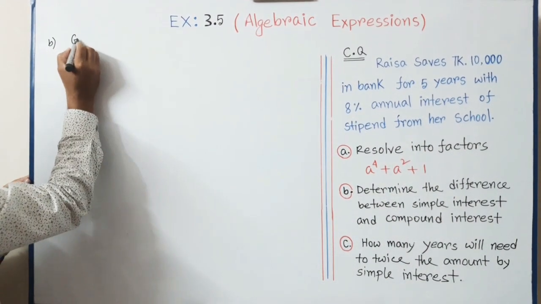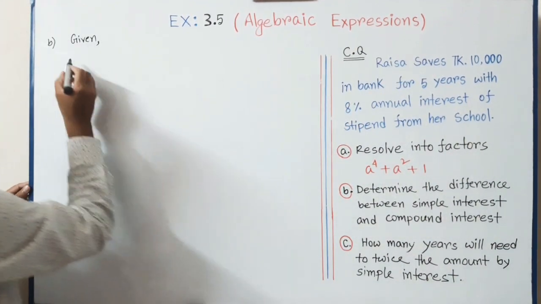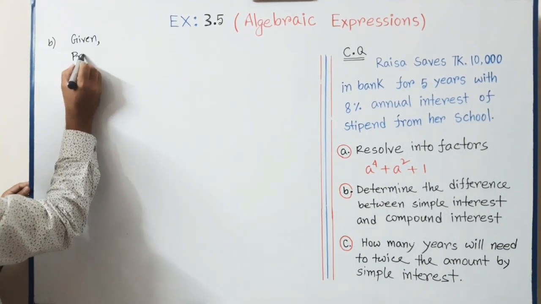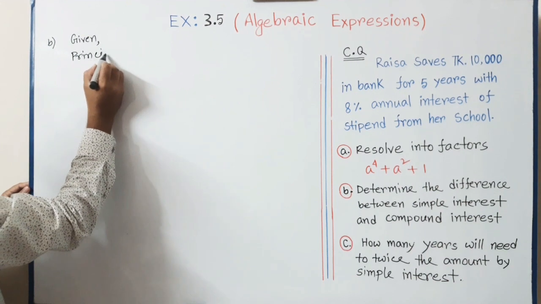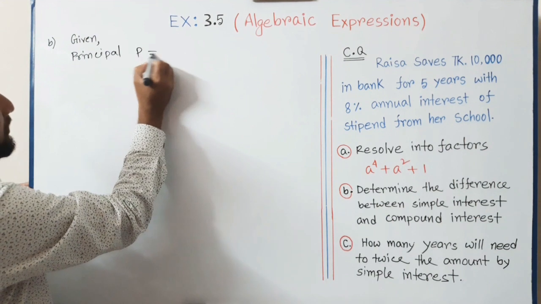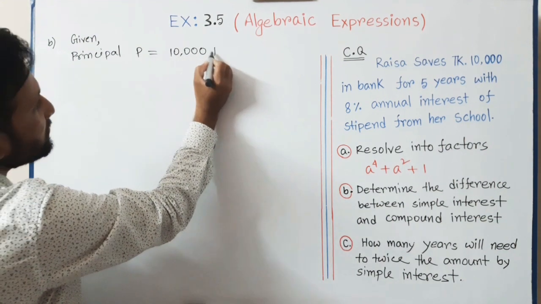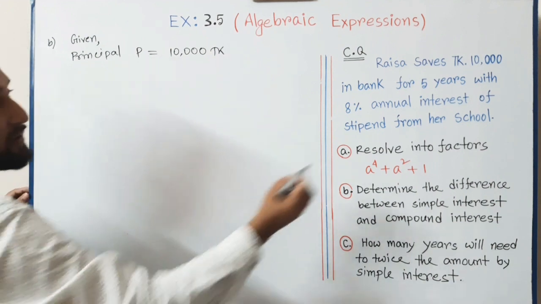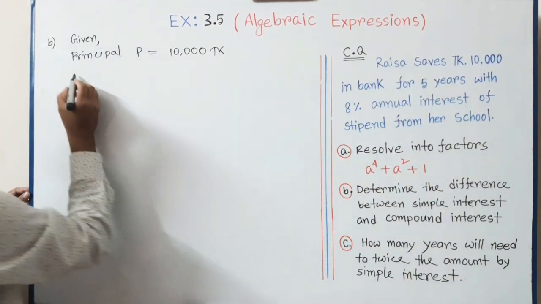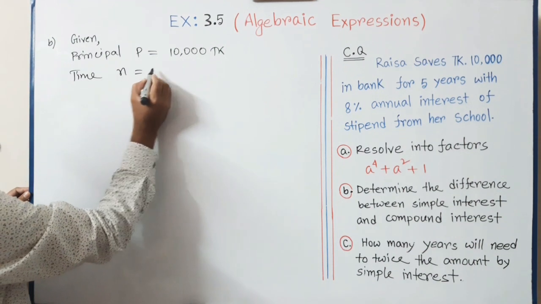So we can say that given principal, capital P equals 10,000 taka. Then number of time is 5 years, so write here time n equals 5 years.